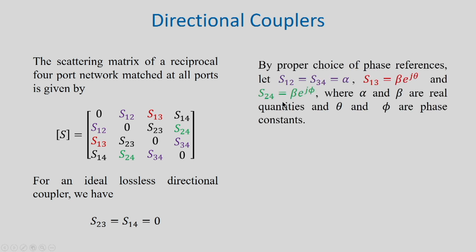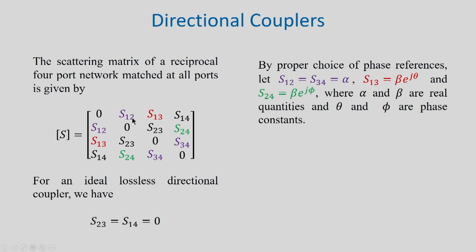Now, by proper choice of phase references, let us set S12 and S34 to be a real quantity alpha, alpha is less than 1.